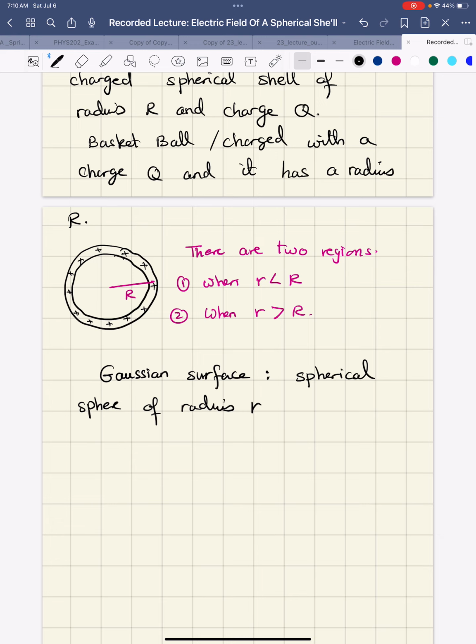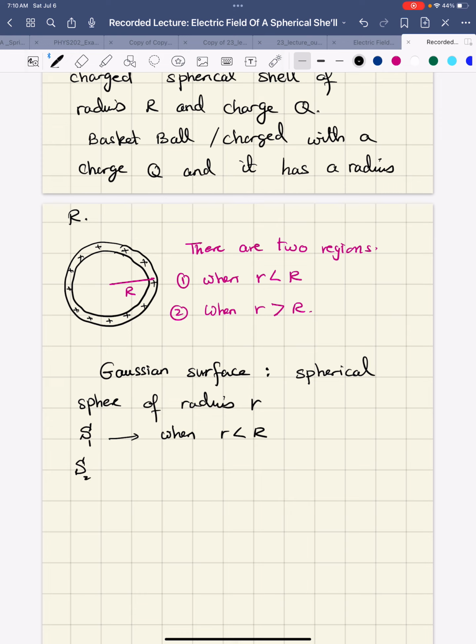I will have two of these spheres. The first one, I'm going to use S1 when r is less than R, and I'm going to use another surface S2 that has a radius of r, and that is when r is greater than R.